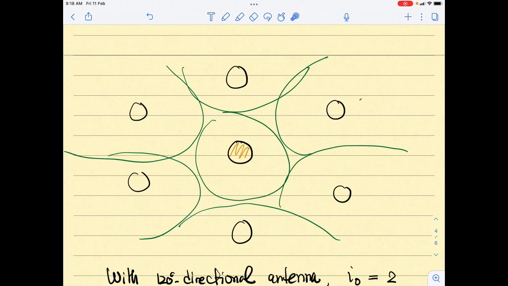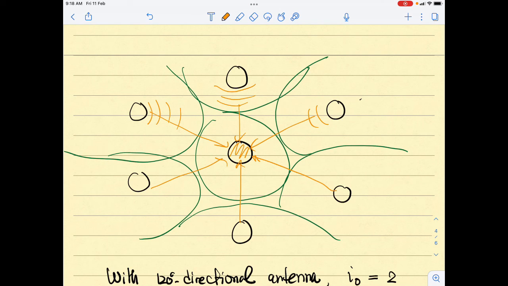So there are 6 co-channel cells, because if they all transmit, this cell will interfere with the cell in the middle, this guy also, this guy also. So that's why the number of co-channel cells is equal to 6.